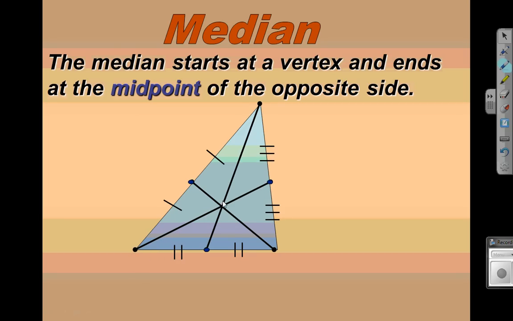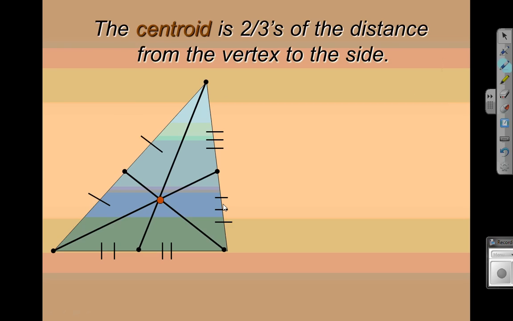The medians intersect at the centroid. And the centroid is 2/3 of the distance from the vertex to the side. So if you divided this line into threes, this is 2/3, and this is 1/3.